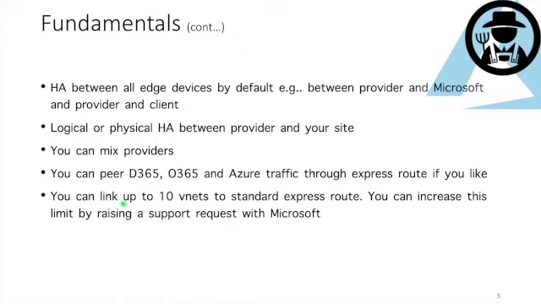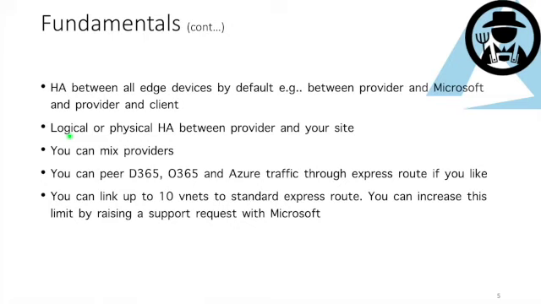Okay. Now, I spoke about the high availability. I spoke about the physical and logical, but I didn't mention how they are different from each other. Logical is where you're getting from the provider to your site a secondary connection logically over the same fiber, so you're getting two logically segregated connections on the same fiber.